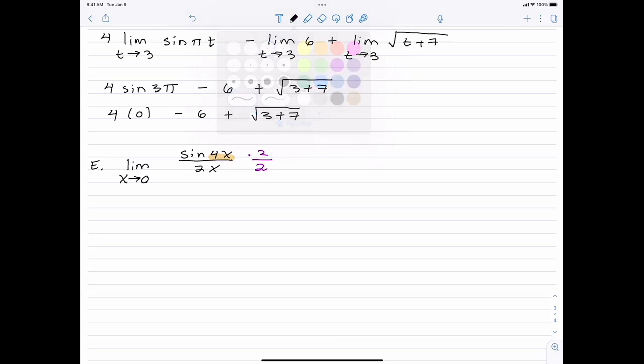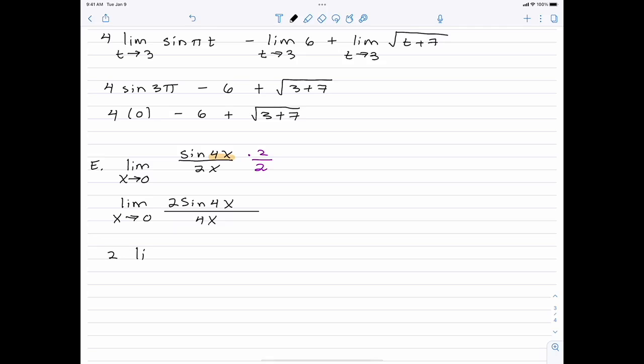So what do we get? Well, we're going to get the limit as x approaches 0. The numerator, I'm just going to keep as sine 4x, and I'll put a 2 in front of it. It's 2 times sine 4x, and the bottom is just going to be 4x. So keep on going. I'm going to pull that 2 out.